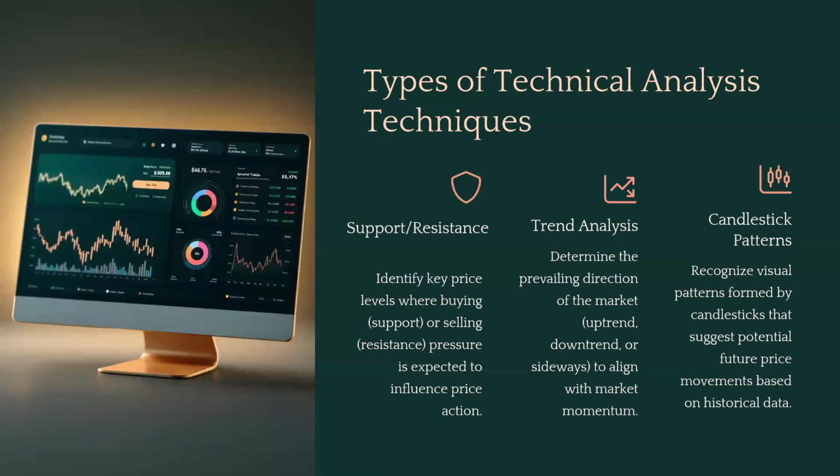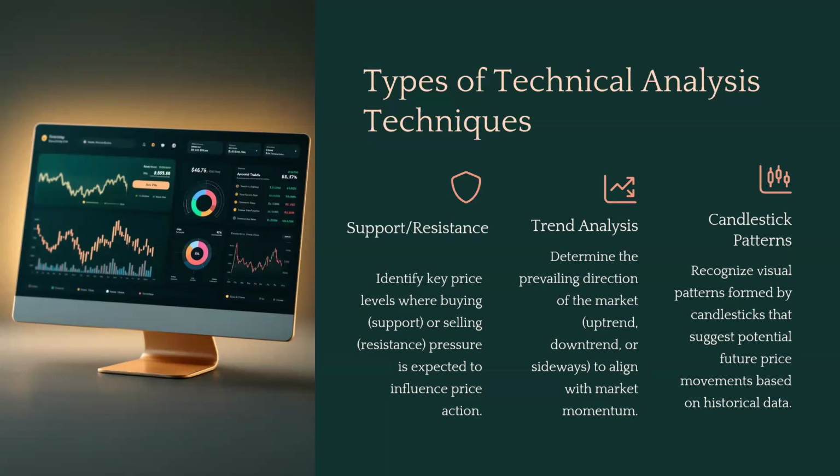So what do support and resistance mean? It is about identifying key price levels where buying, which we call support, or selling, which we name resistance, pressure is expected to influence the price action.